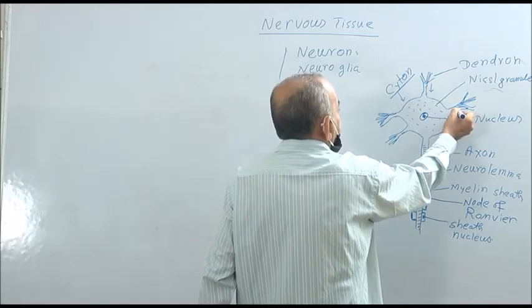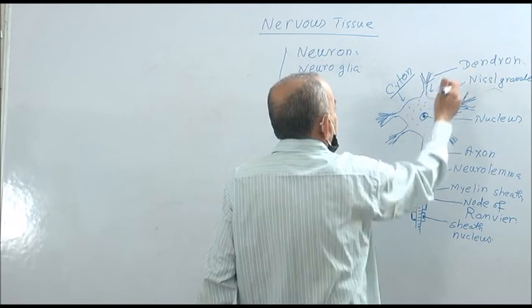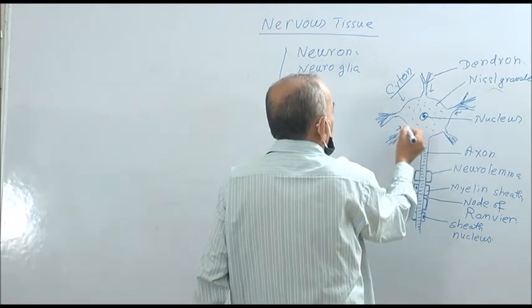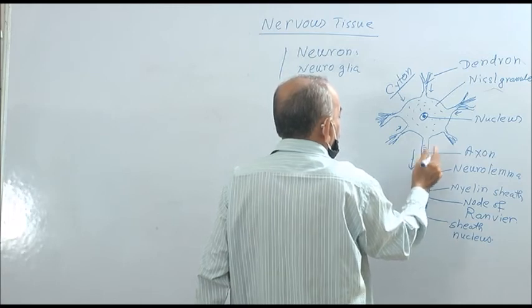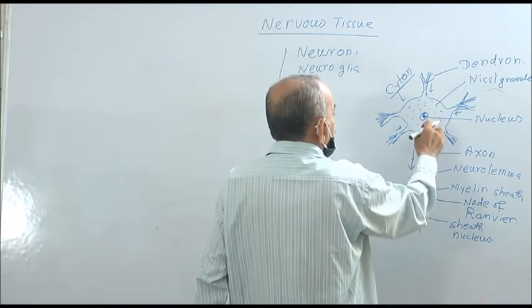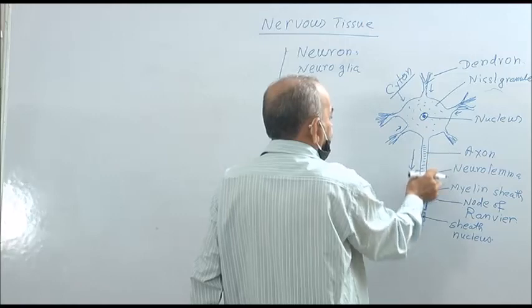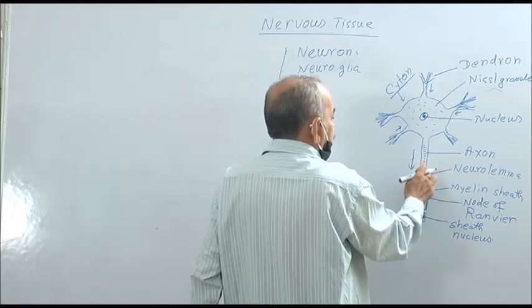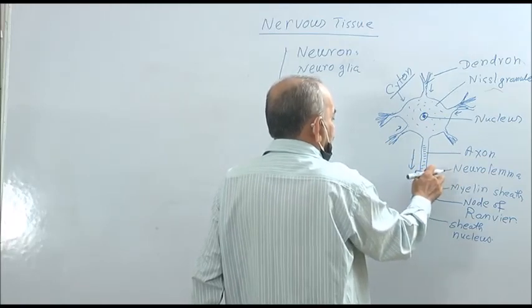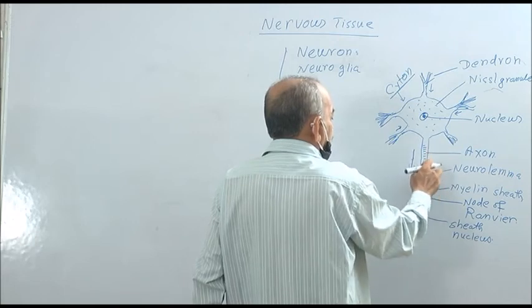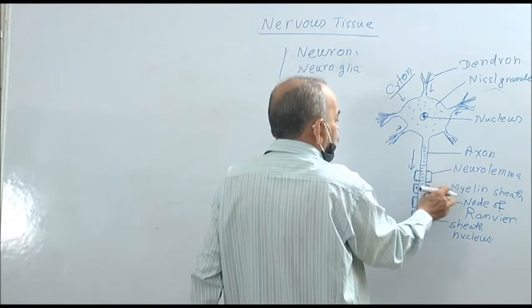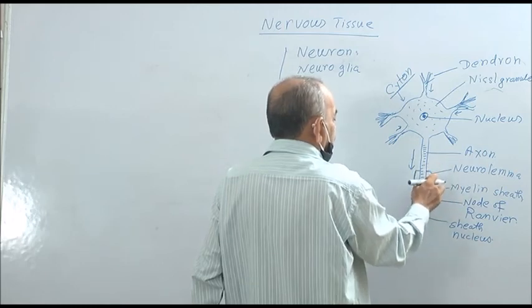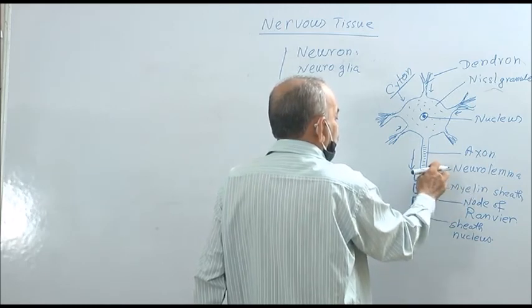These are the dendrons and this is the axon, and in the axon it is surrounded by neurolemma. First it is covered by myelin sheath, then around this it is known as neurolemma.